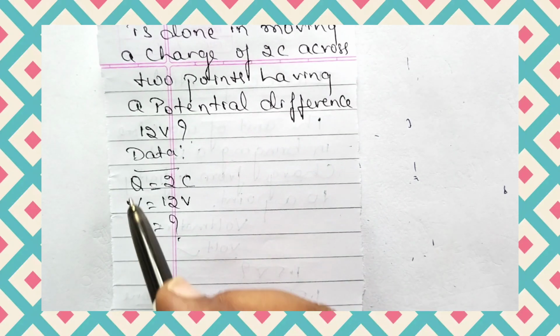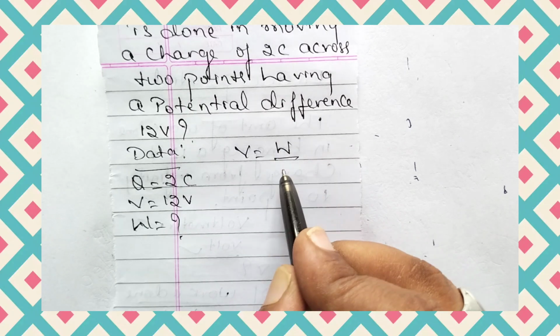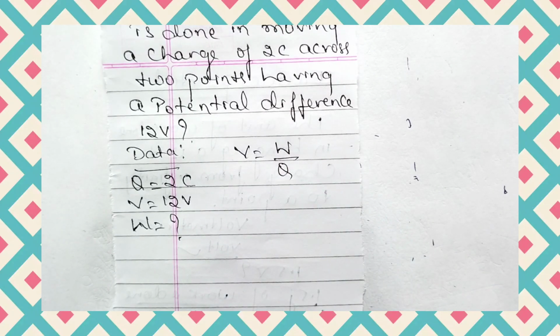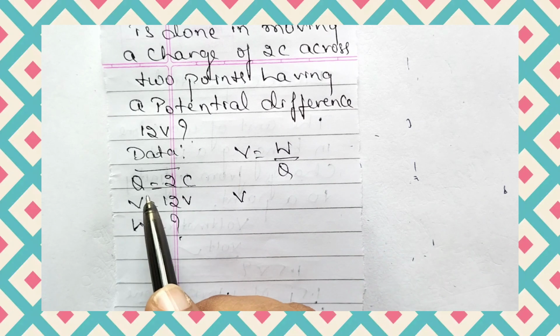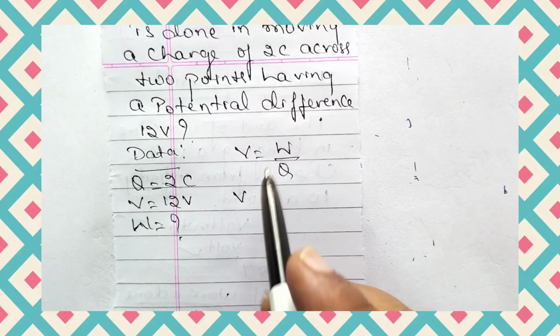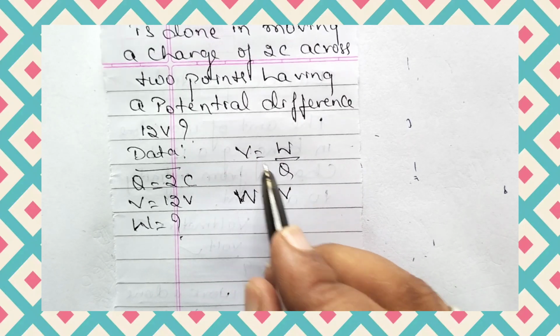So let us use the relation for these three. V is equal to W by Q. So this is the relation between V, W and Q. So now we know V, we know Q. Now we have to calculate W. So W is equal to V into Q, you multiply Q here.